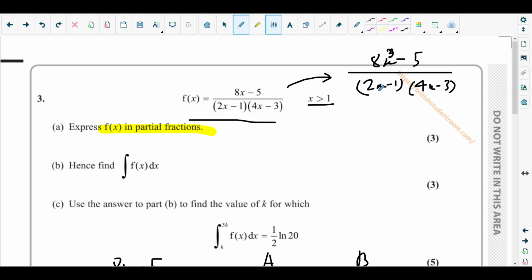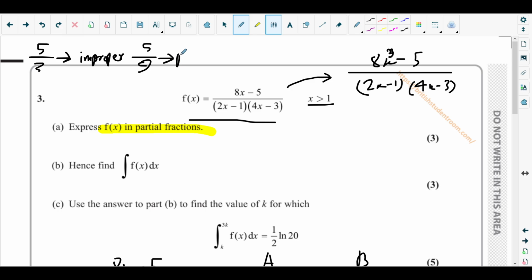For improper fractions, consider numerical fractions. 5 over 3 is an improper fraction, and 5 over 9 is a proper fraction.